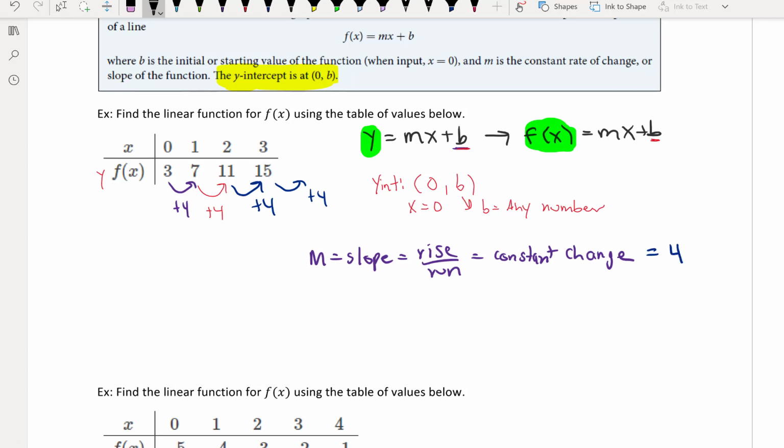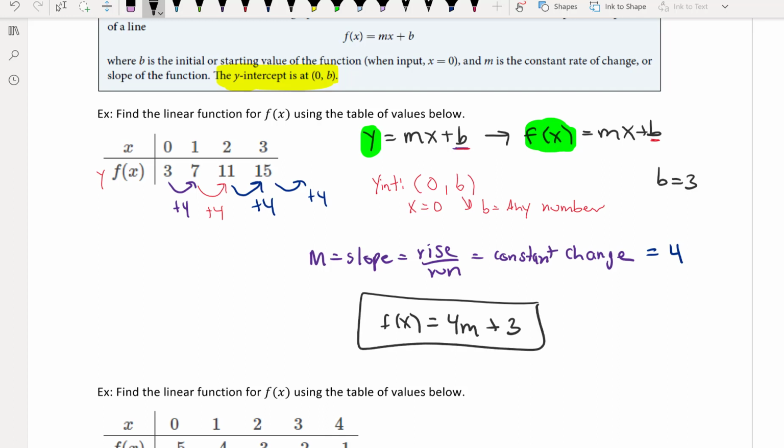So now I have all of my information. I am going to say that f of x is equal to 4x plus my b value. And remember, my b value, I guess I erased it, was 3. So now I have f of x is equal to 4x plus 3.